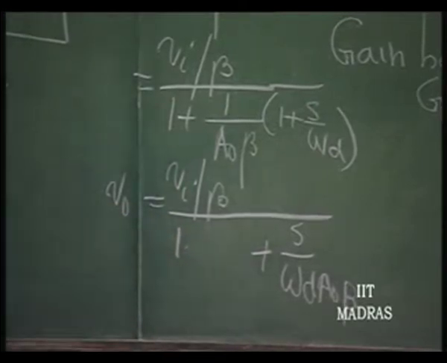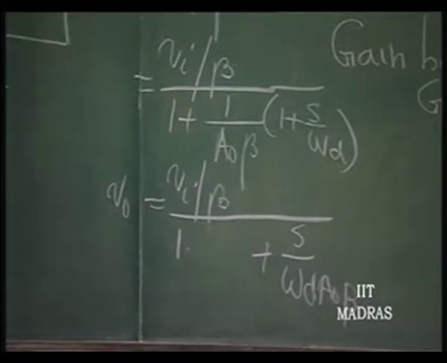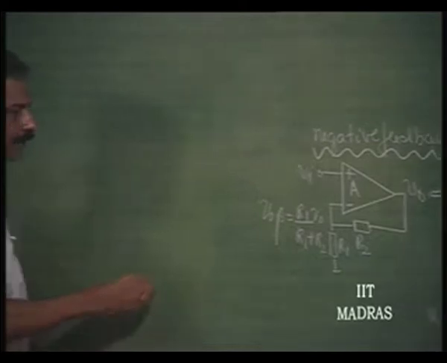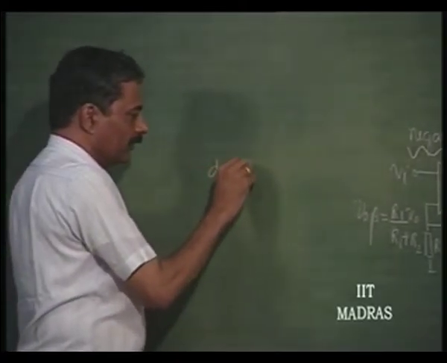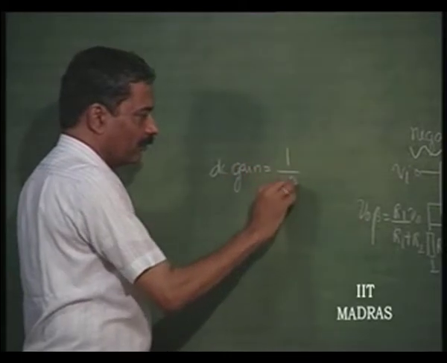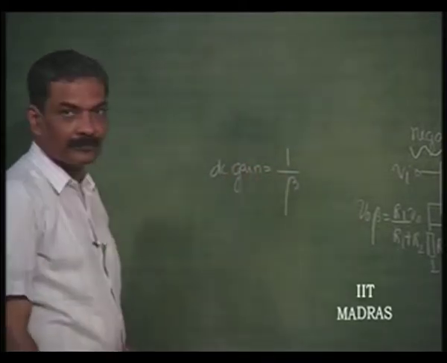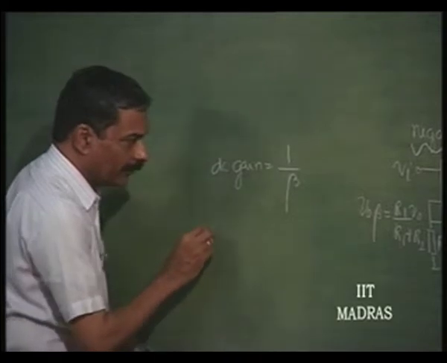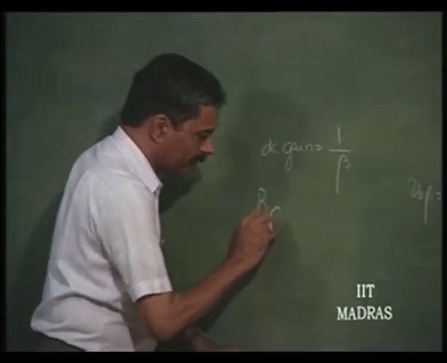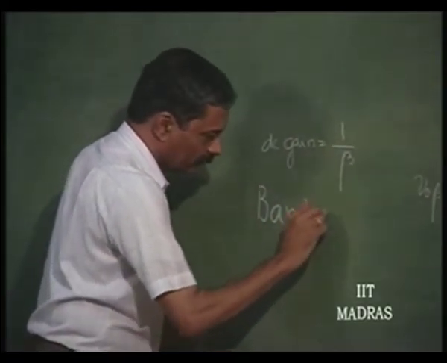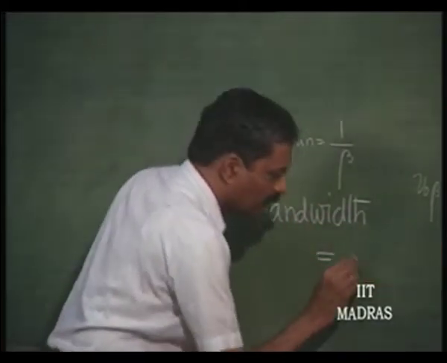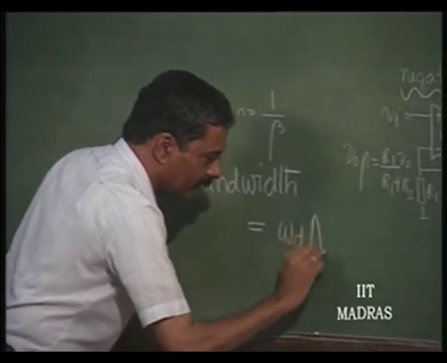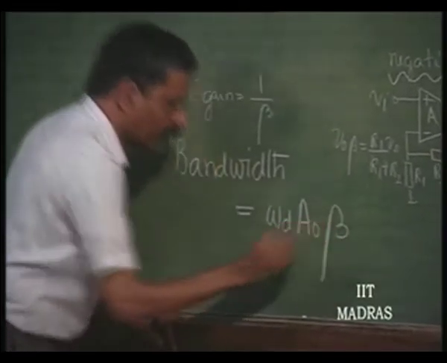And therefore, for the new amplifier now with negative feedback, the DC gain is 1 over beta, and the bandwidth equals omega d into A naught into beta.